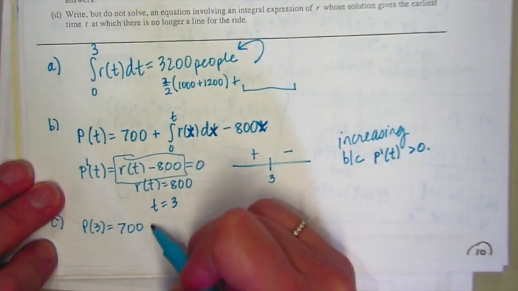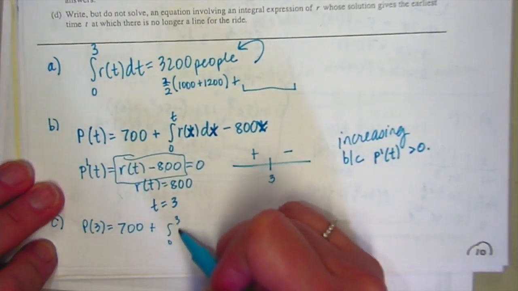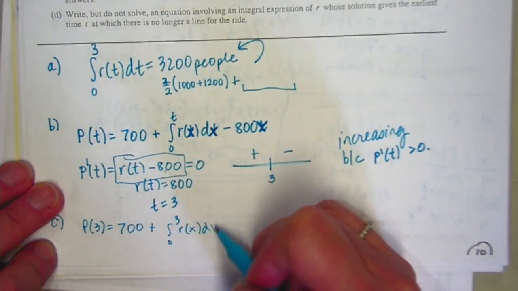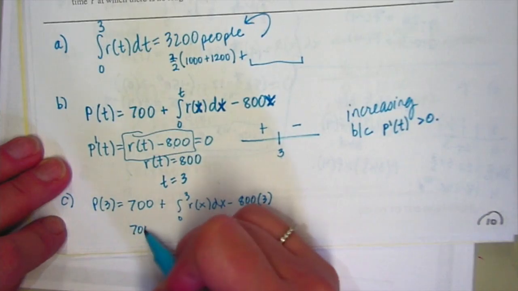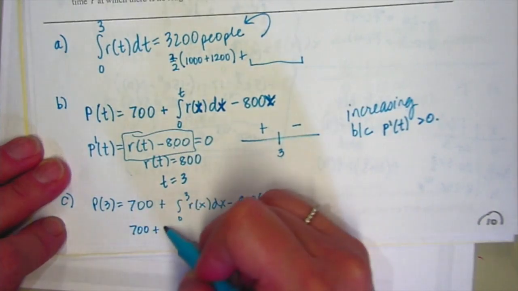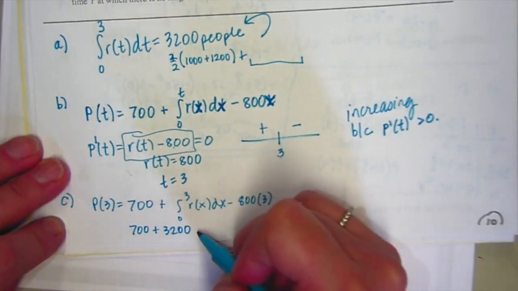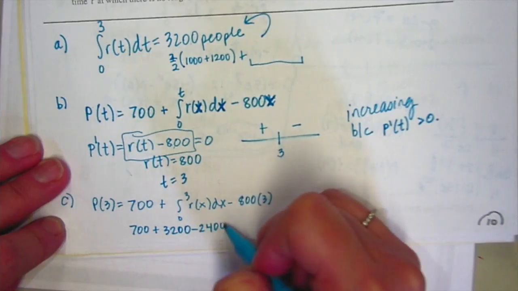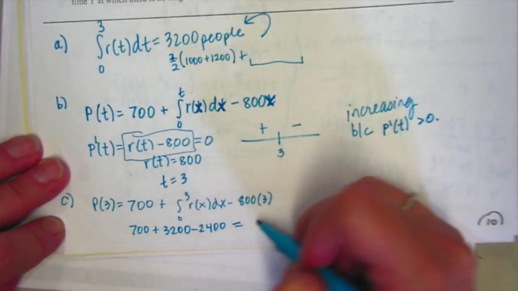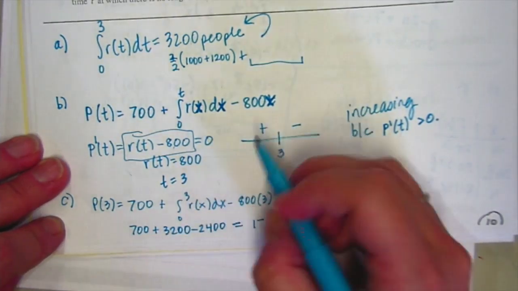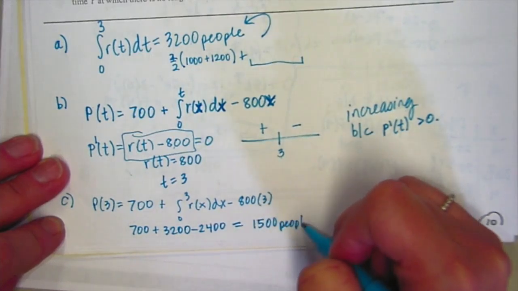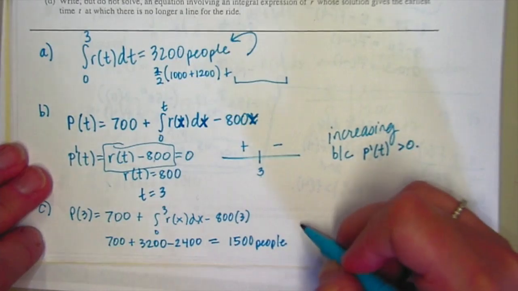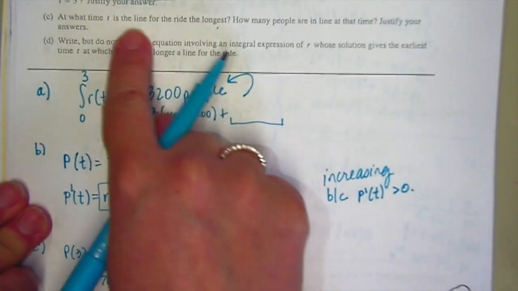So let's see. 0 to 3 under this curve, minus 800 times 3. So this is 700 plus, these are all the people that I calculated in part A. That's kind of nice. Minus 2,400 people that they got off the ride. So at that time, 1,500 people are there. At what time t?